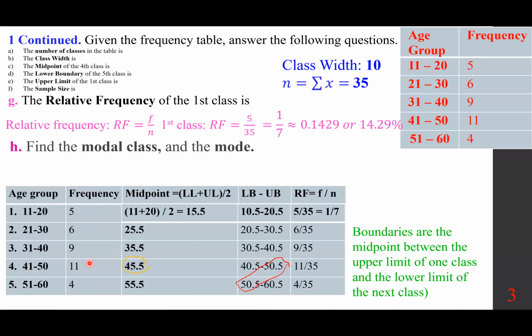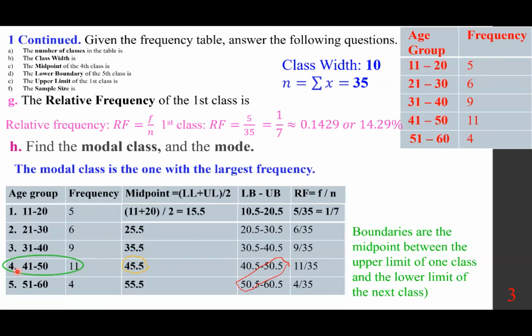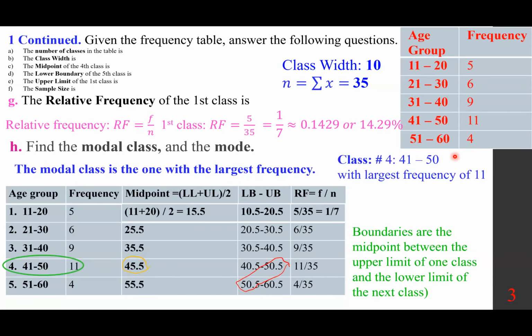So this is the class that is called the modal class. And the mode is, they take the midpoint of that. So the modal class is the one with the largest frequency. As we know, it's 11. Therefore, the fourth class from 41 to 50 would be the class of interest. The mode, by definition, is the midpoint for a class. The midpoint we know for this class to be 45.5.